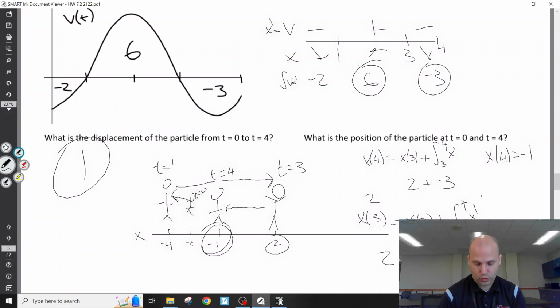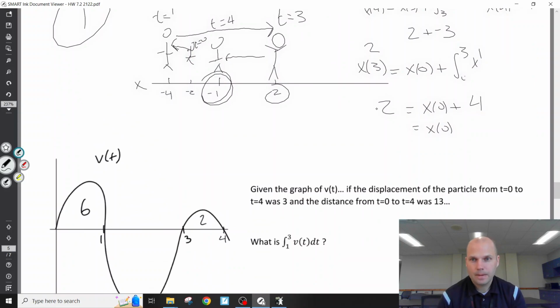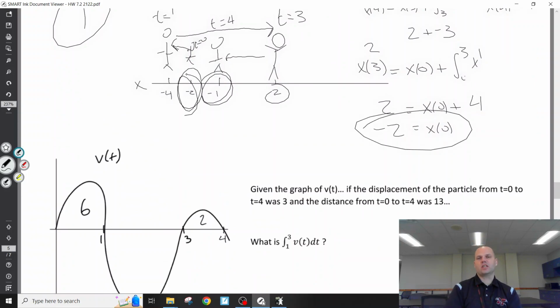Sorry, 0 to 3. What am I doing? 0 to 3 is left 2, right 6, which is 4. Subtract 4, you get -2. Sorry if you can't see that. You get -2. How do I get that -2? Like, I got it right there. There's my position of -2. If you understand motion, you can understand this.